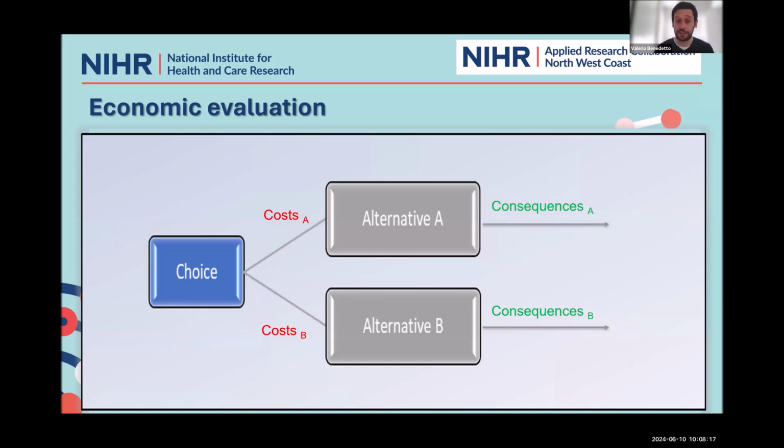So we got some information regarding the whole design of the economic evaluation, like the time horizon and perspective. Now we're going to focus more in depth around some particular segments of the economic evaluation. In particular, today we'll talk about costs. Session 4 will be about the consequences or the outcomes from the different alternatives.